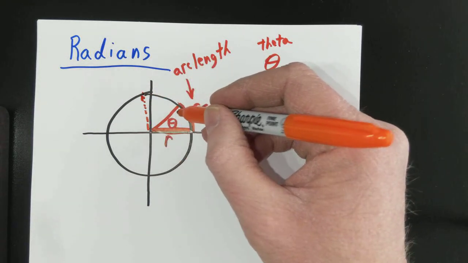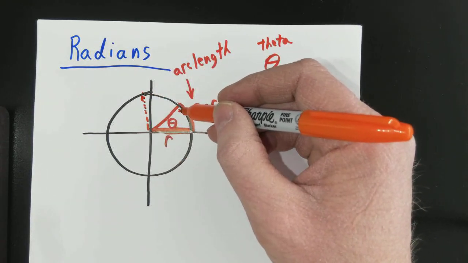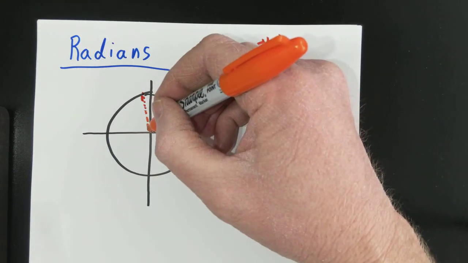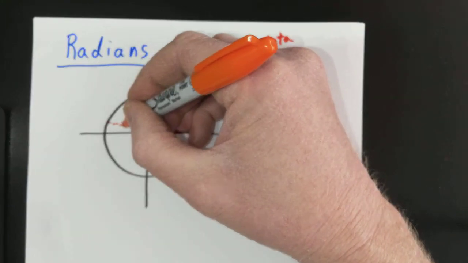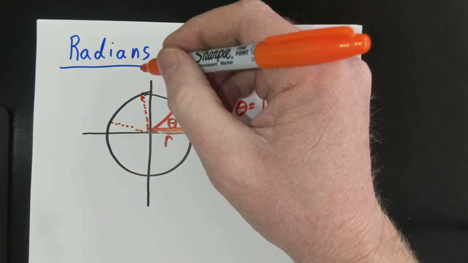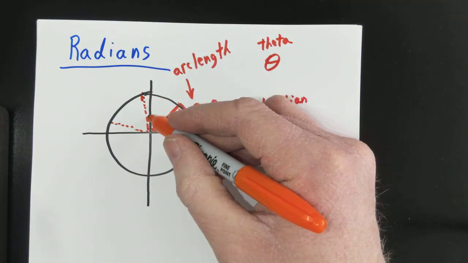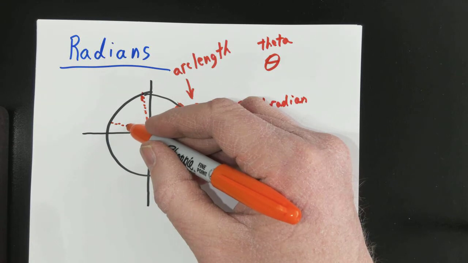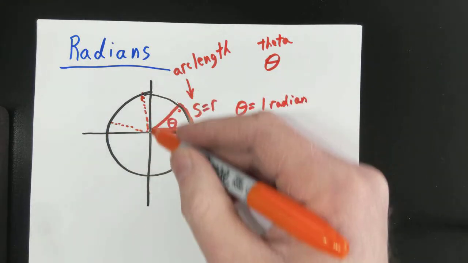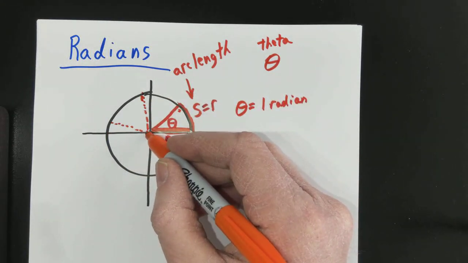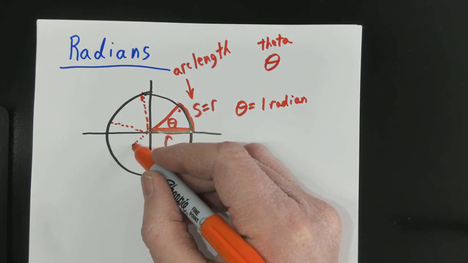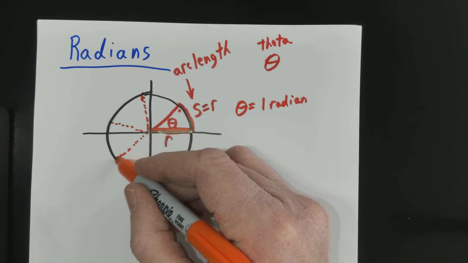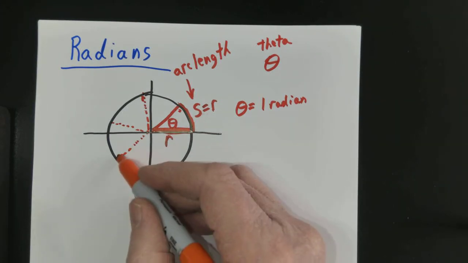I misdrew this one a little bit. And if I draw another radian here, here's 1, here's 2, here's 3 radians already. And if I draw it again, I get around the circle here. There's a fourth radian.